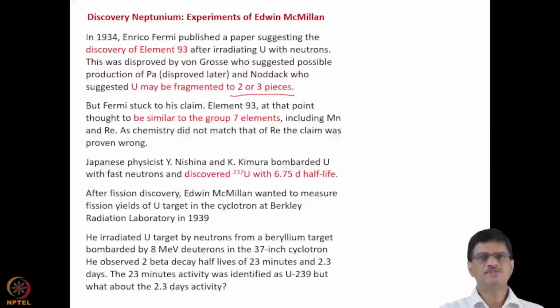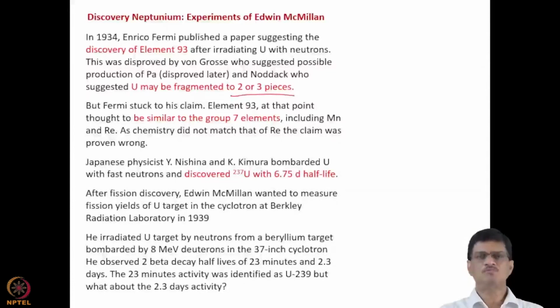Subsequently, the Japanese physicists Nishina and Kimura bombarded uranium with fast neutrons around 1940 or so, and they discovered uranium-237 with a half-life of 6.75 days. This discovery was correct, but the amount of uranium-237 isolated by them was too little, because subsequently it was understood that uranium-237 decays to neptunium-237.